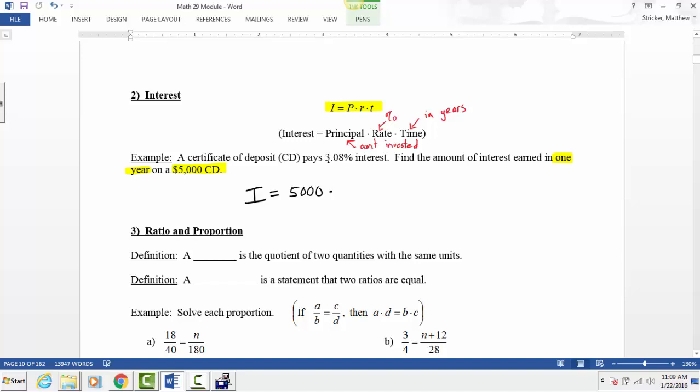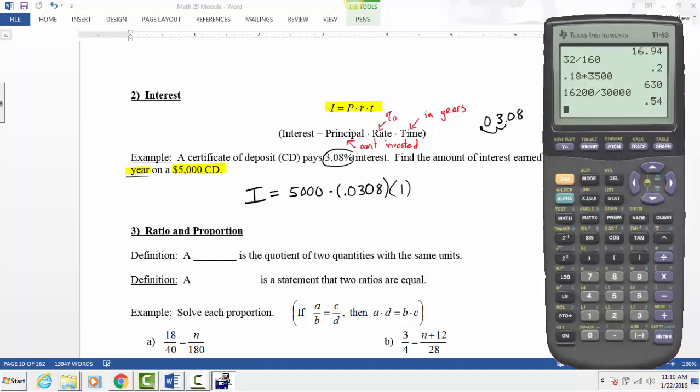times the rate. Well, again, this needs to be a decimal. So when I move that decimal place over, if I take 3.08 and I move it over twice, I have 0.0308 times the time. Well, how long is this invested for? 1 year. So this is times 1.